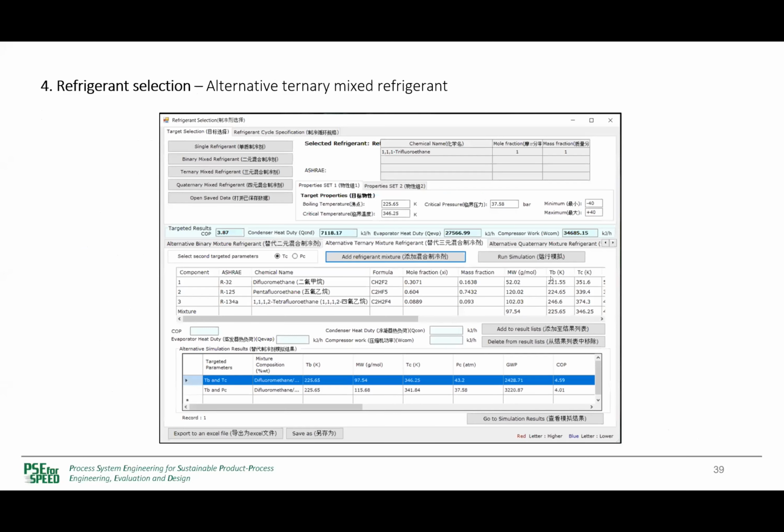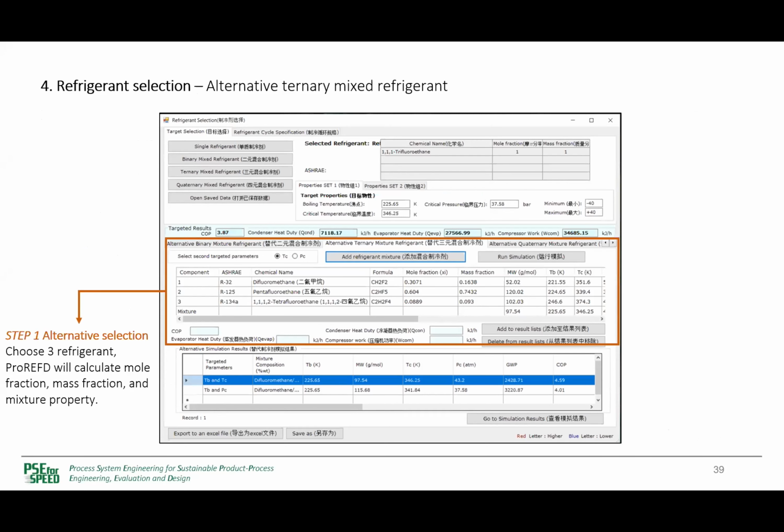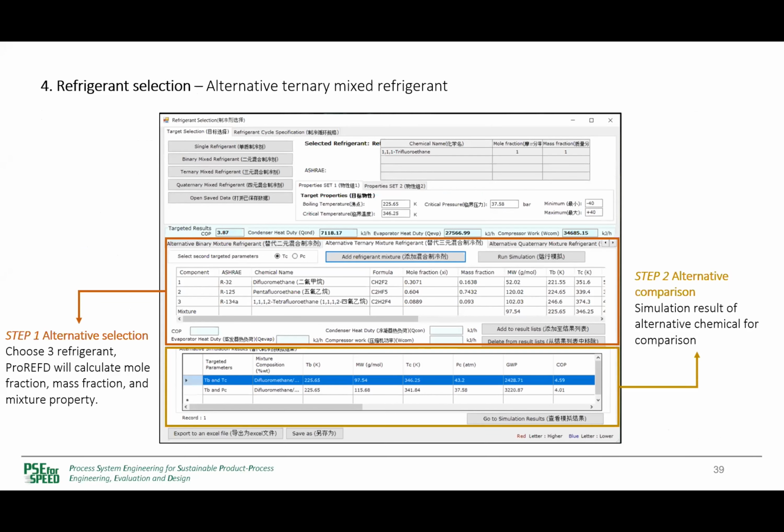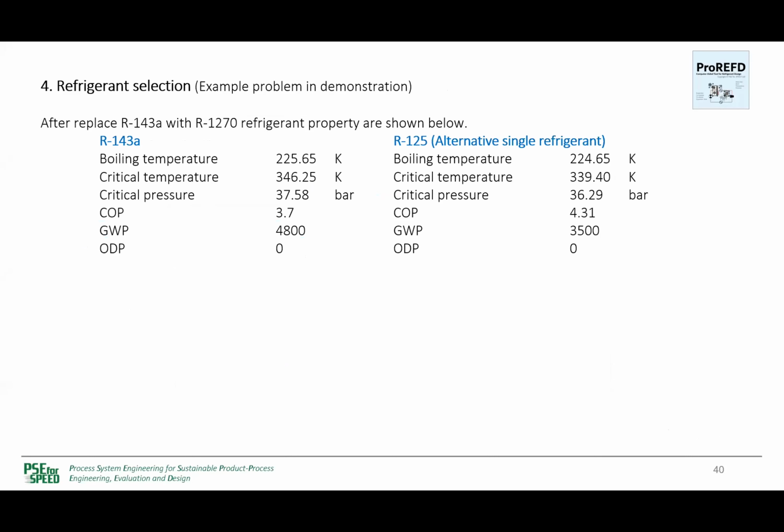Okay, then try with another alternative by selecting refrigerant type and selecting alternative compound to see the result in the box below. Similar to Siriporn's demonstration. So let's see again, 143 again.